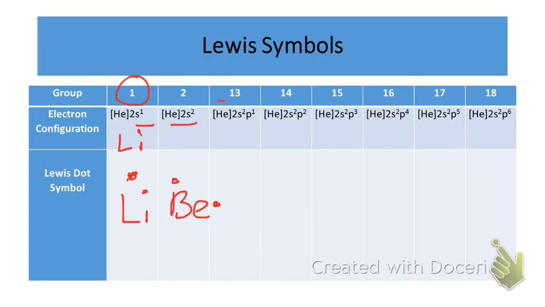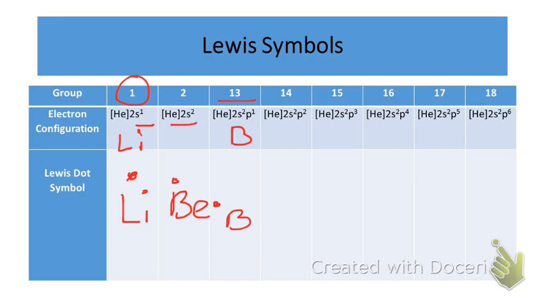By the time we get to group 13, the first element is boron, and so boron's Lewis symbol is B. And then how many valence electrons are in group 13? There are 3 of them.